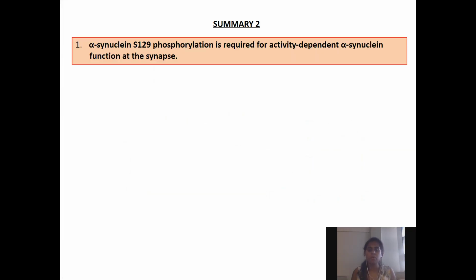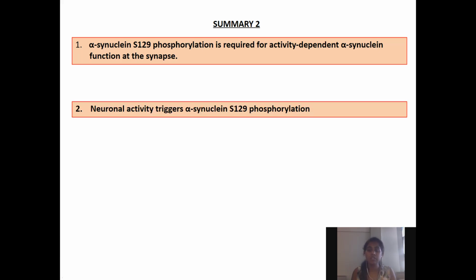So we know now that neuronal activity triggers this phosphorylation, and this phosphorylation is required for function, but the mechanisms are not known. Typically, multiple proteins work together in the process of synaptic vesicle recycling to coordinate SNARE assembly, vesicle fusion, and endocytosis, to name a few. And such a functional network of proteins is also starting to emerge for alpha-synuclein.